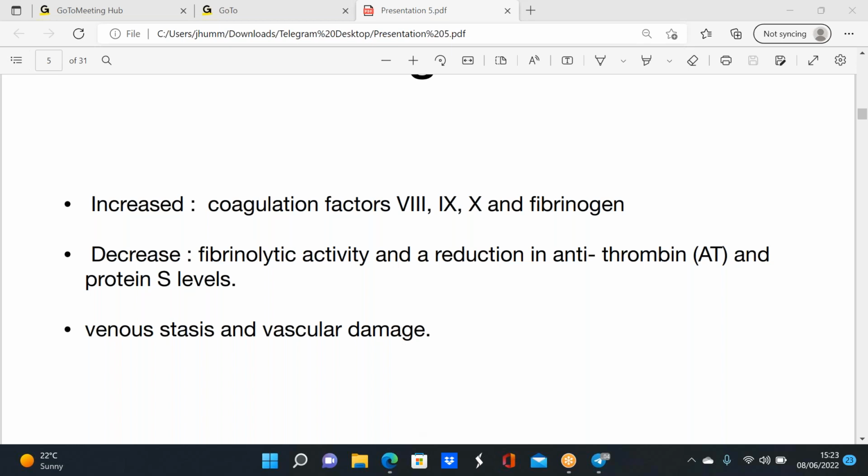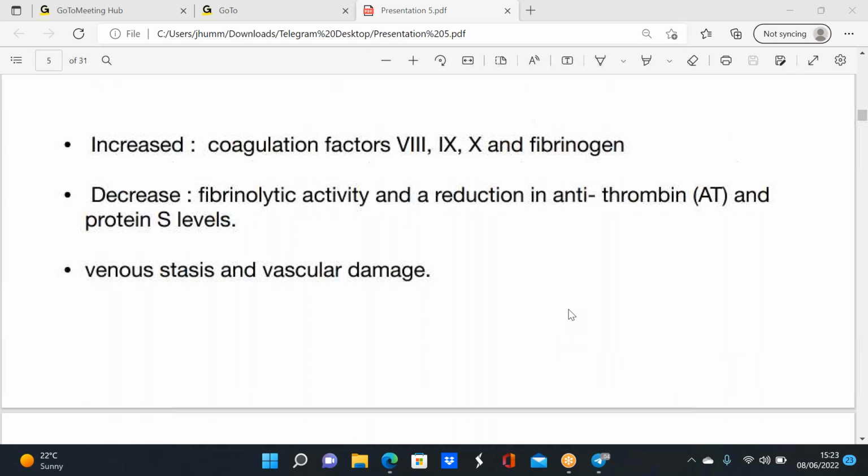And the factors which decrease are fibrinolytic activity, and there is a reduction in antithrombin and protein S levels. Also in pregnancy, there is venous stasis, okay, and vascular damage. So this vascular damage is also a reason for the increased clotting tendency. Okay, so these are the risk factors associated with pregnancy, and that may lead to DVT or pulmonary embolism.